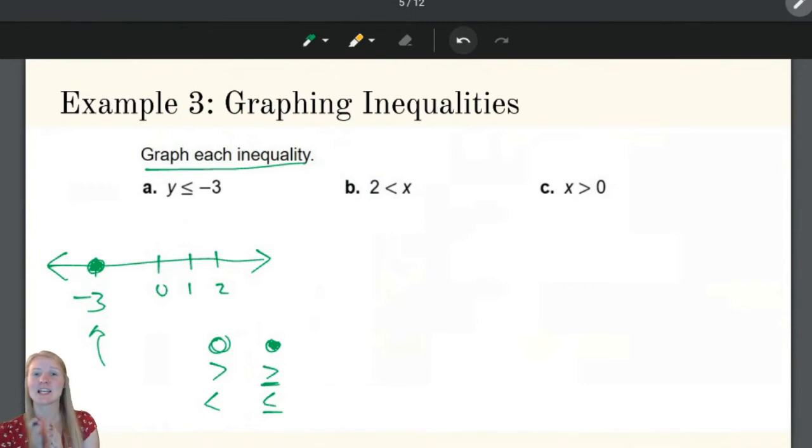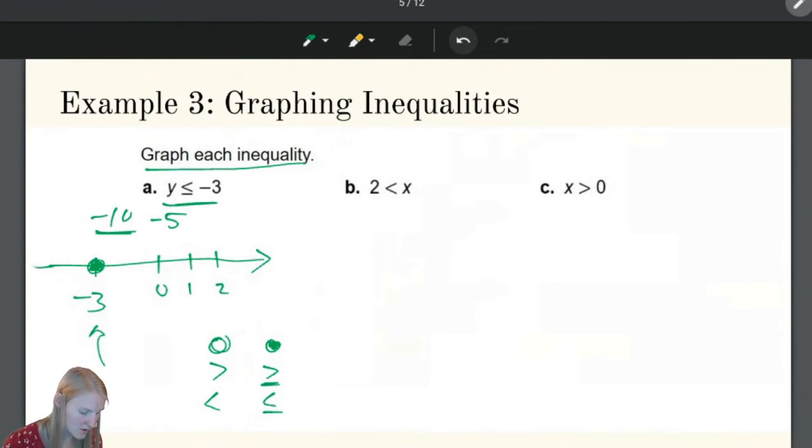Instead, what I'd like you to do is say, what are some numbers that are less than or equal to -3? Well, -5 is less than -3 because it's more negative. -10 is less than or equal to -3. So all of these numbers, the more negative numbers, are going to be down here, where they are more negative.